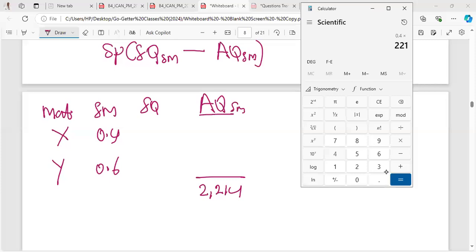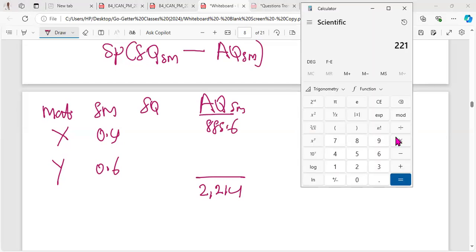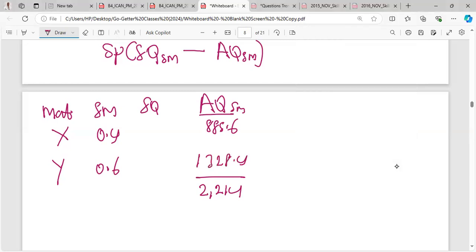That gives us 885.6 here. Then you come here, 2214 multiplied by 0.6, that gives me 1328.4.